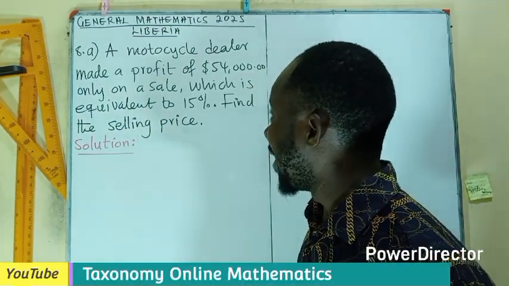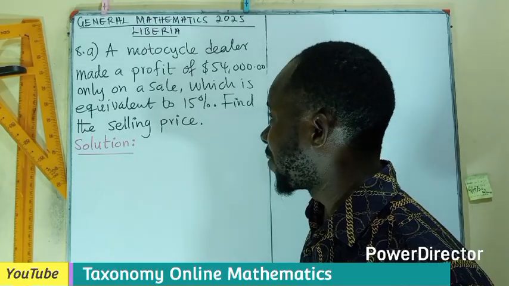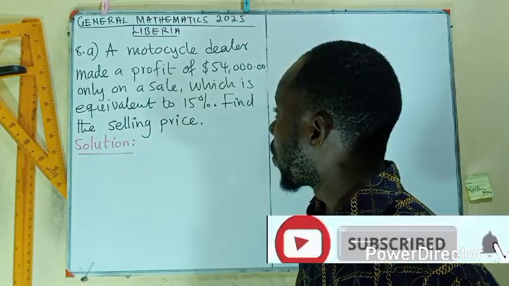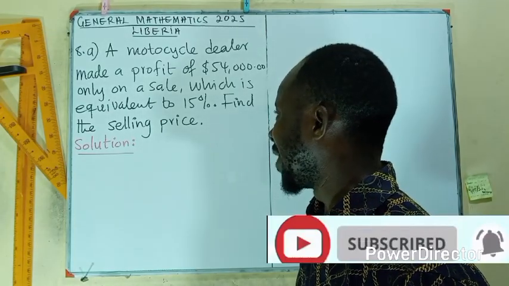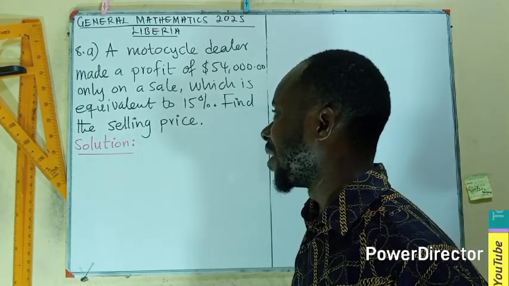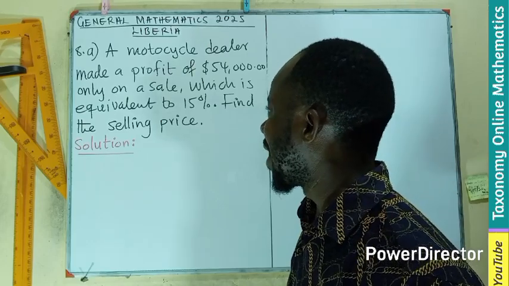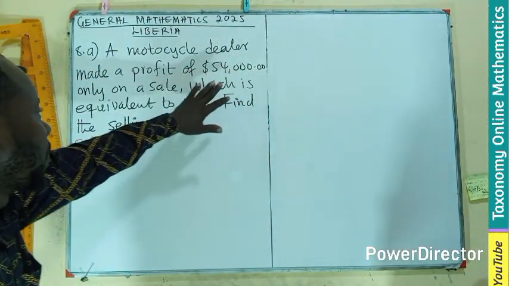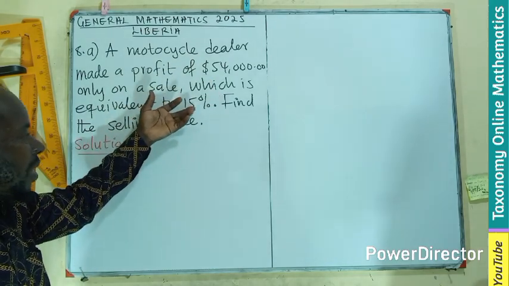This is question 8A. A motorcycle dealer made a profit of $54,000 only on a sale, which is equivalent to 15%. So we have to find the selling price. Here we have two pieces of information: the profit, and the percentage.